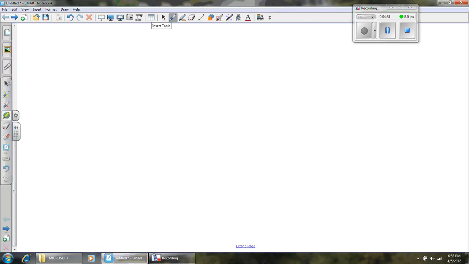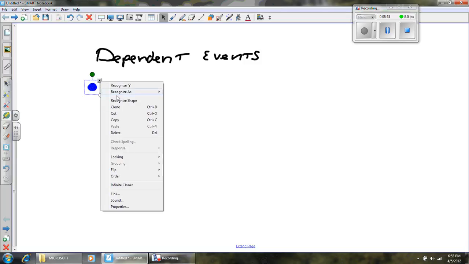Now, dependent events, we were talking about yesterday as well. I'm not sure that I used the terminology, but we're going to use it today. Dependent events are things where the outcome of the first one does affect the outcome of the second one. Like, for example, let's say I have some jelly beans again. Let's go with 5 blue jelly beans.